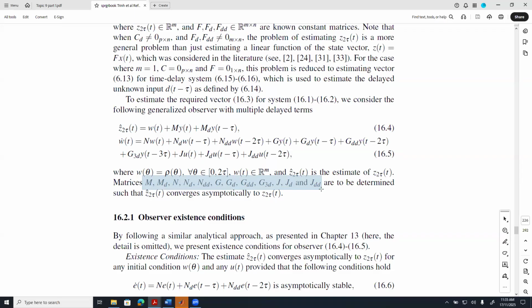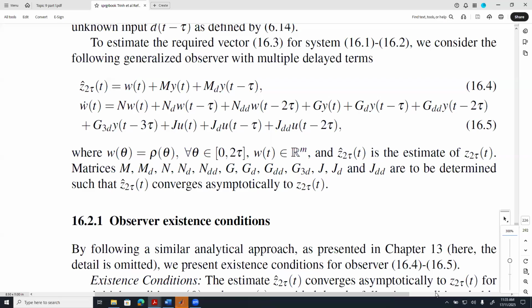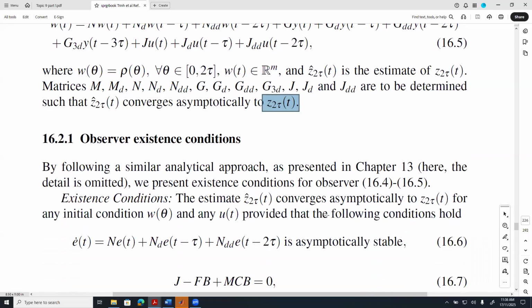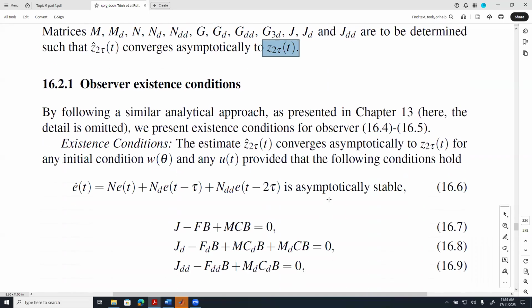We require to find them such that the estimation, which is this thing here, converges asymptotically to the true functional. Okay, so we follow exactly the same process, and so we can omit the detailed discussions here.